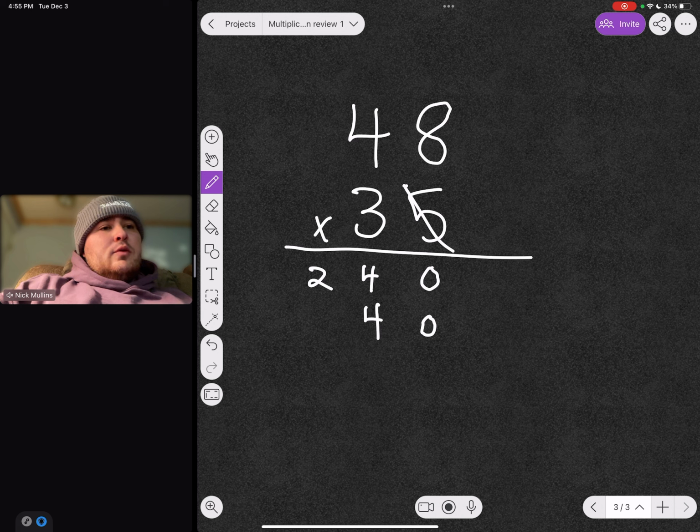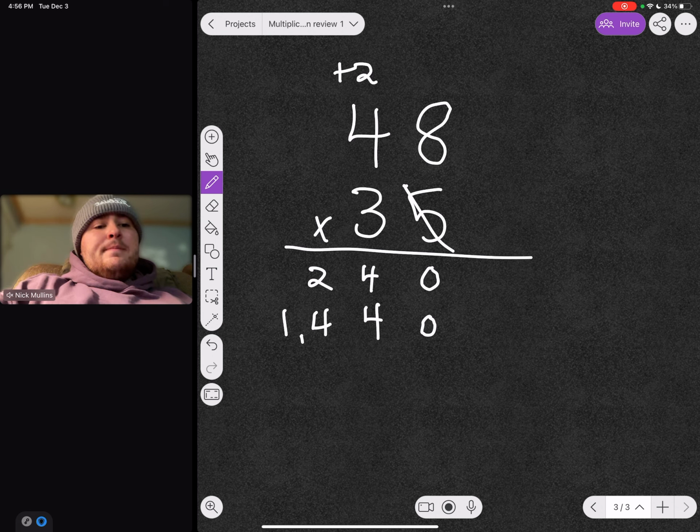I'm going to keep my 4, carry my 2 to be added, and now next I'm going to do 3 times 4, which is 12, and 12 plus the 2 that I had to regroup gives me 14. And that gives me my next partial product, 1,440. You can go ahead and add the comma there if you want, or you can just wait until the end and add it in your final answer.